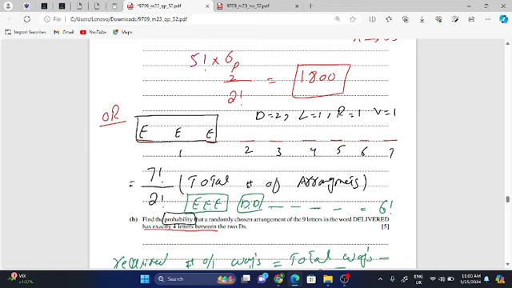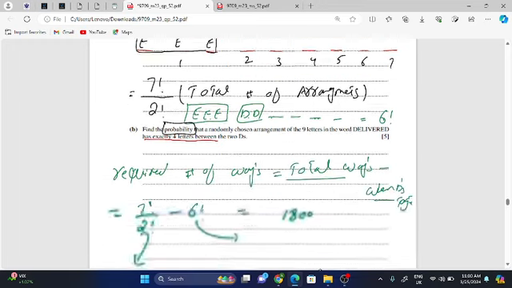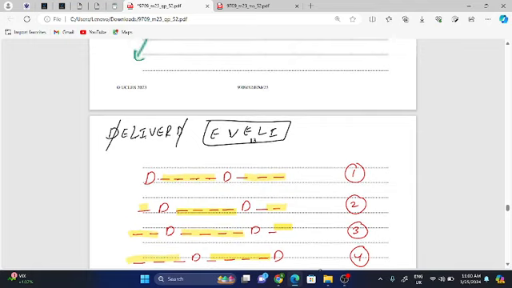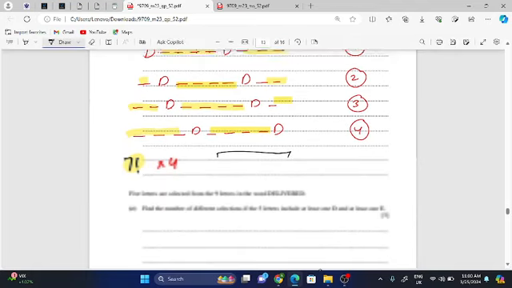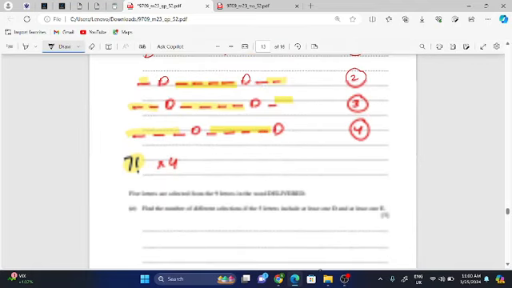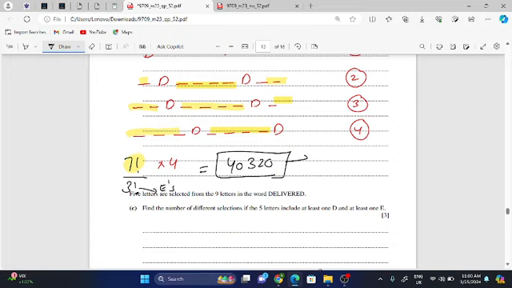You have to find probability, not only the arrangement. So probability formula was number of favorable outcomes divided by the total outcomes. These are the favorable outcomes that satisfy our conditions.